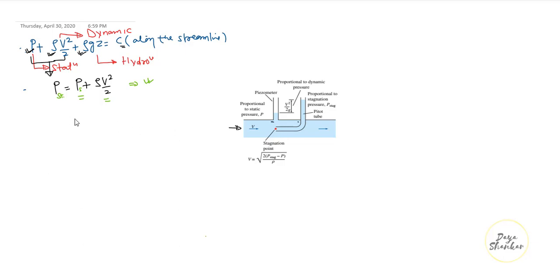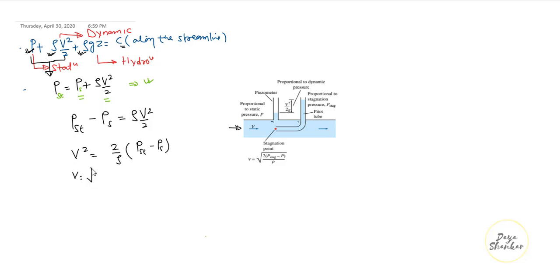We can find it by P stagnation minus P static, using this relation only, is equal to rho V square by 2. Hence V square is equal to 2 by rho times (P stagnation minus P static).